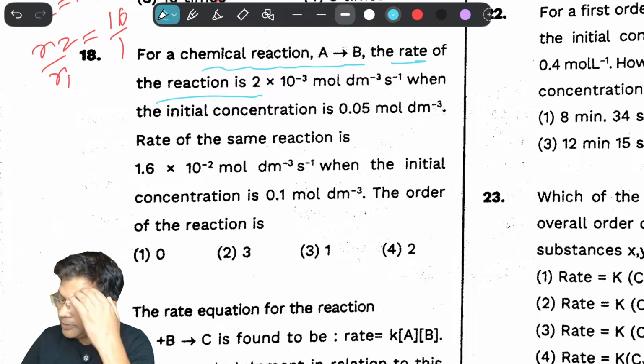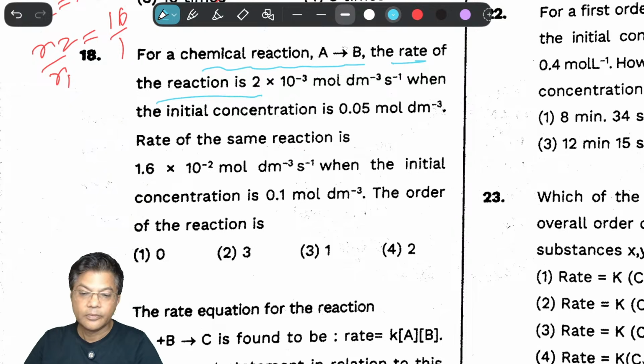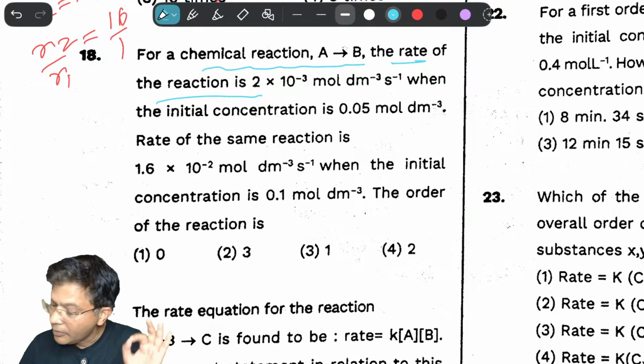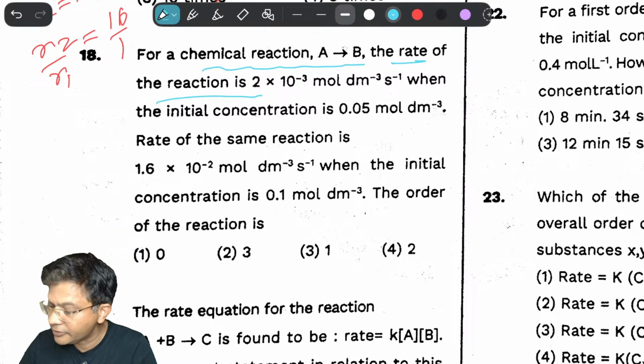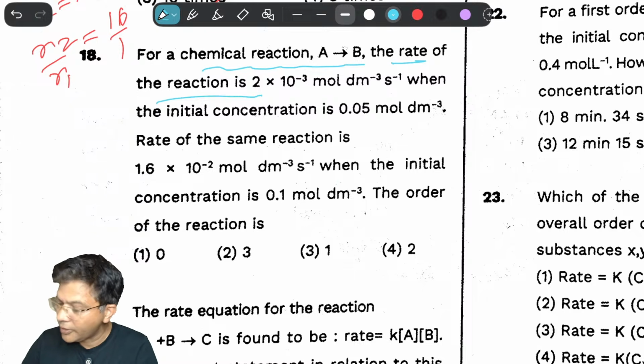Ayyo, how to do it? Just see what they are saying. For a chemical reaction, the rate of reaction is this when the initial concentration is this. This is the initial concentration and this is the rate. The rate of the same reaction is this when the initial concentration is this, the order of reaction.